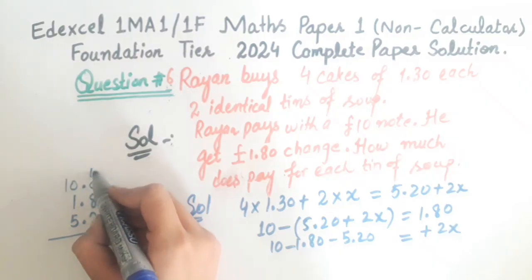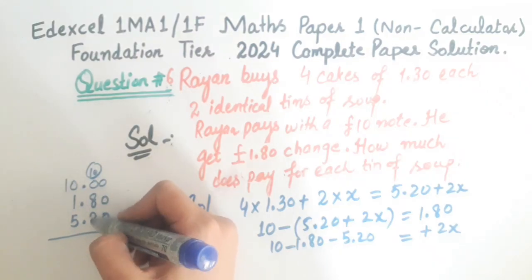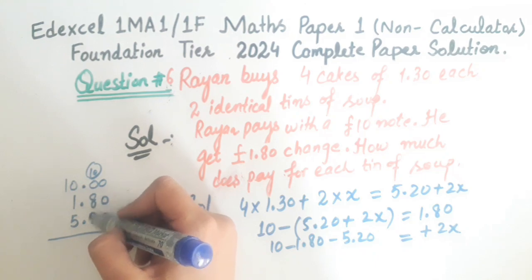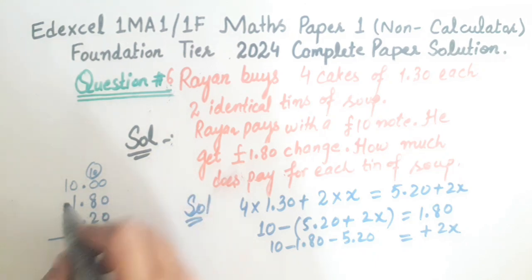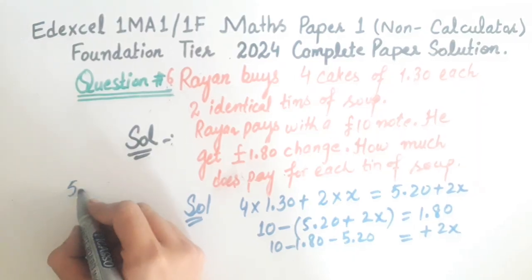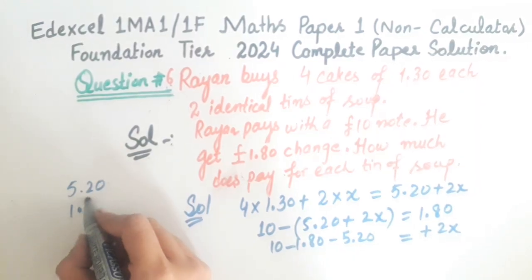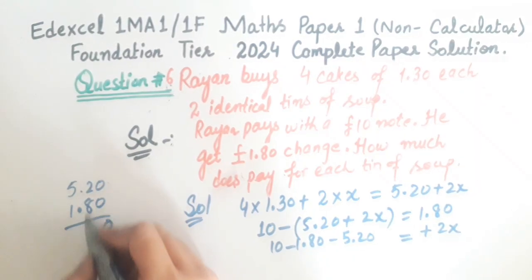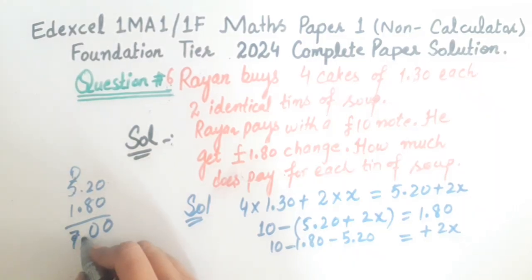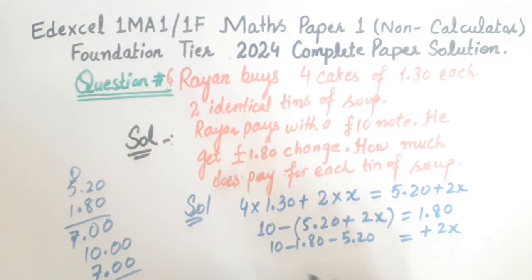Now here, 10 minus this one will be, first we add both of them, then we subtract this: 5.20 and 1.80. So 8 plus 2 is 10, 5 plus 1 is 6 and 7, 7.00. So 10.00 minus 7.00 becomes 3.00.